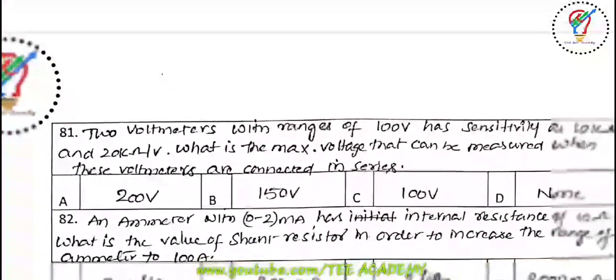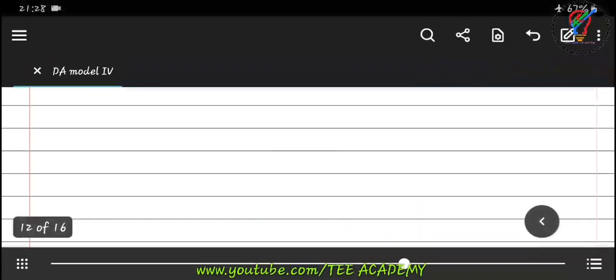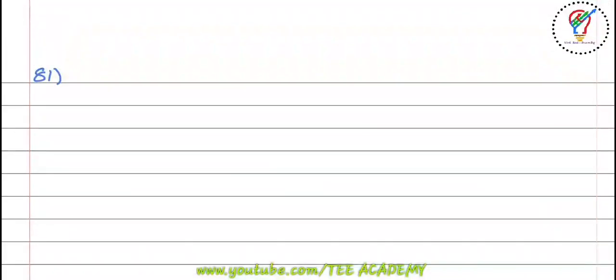Okay, so let's take a fresh question here. It is question number 81. The question they asked is, there are two voltmeters of 100 volts range.